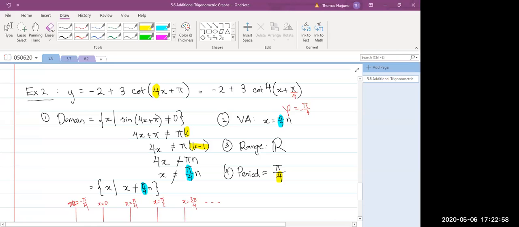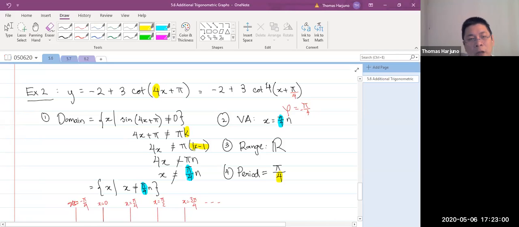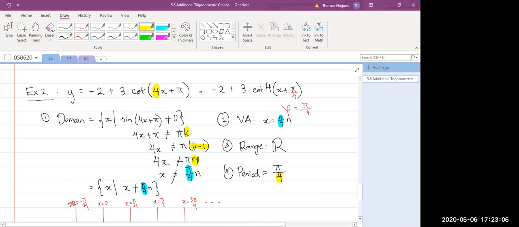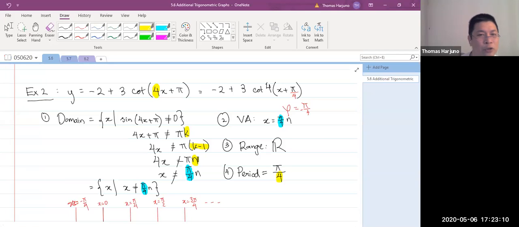Now I just call that K minus 1 another integer, N. Because K is any integer, when you subtract 1, it is still any integer. Some textbooks still use K, so when they subtract pi, that's still pi K, and they still write it as pi K.